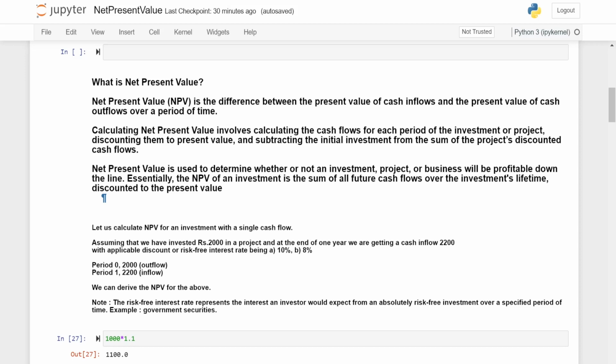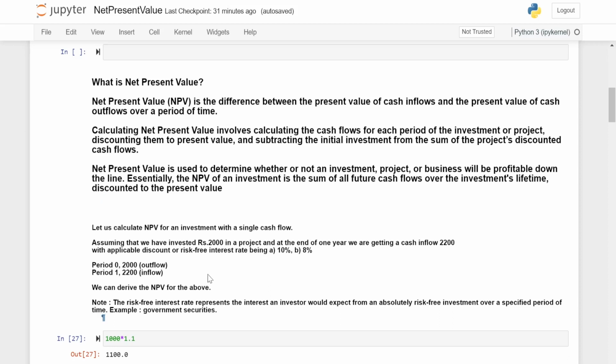Net present value is used to determine whether or not an investment, project, or business will be profitable down the line. Essentially, the NPV of an investment is the sum of all future cash flows over the investment's lifetime discounted to the present value.